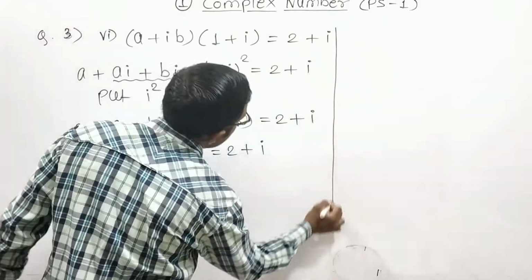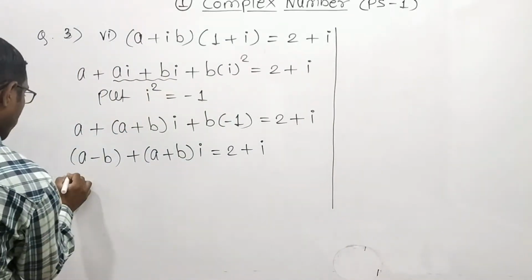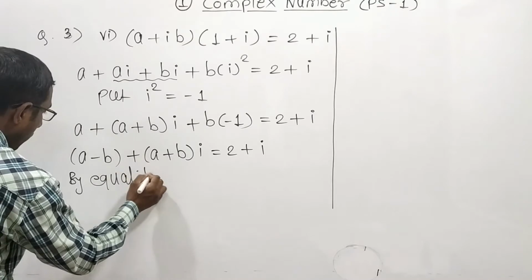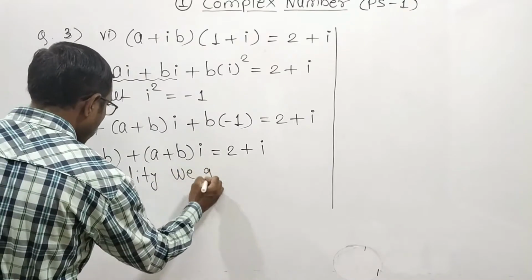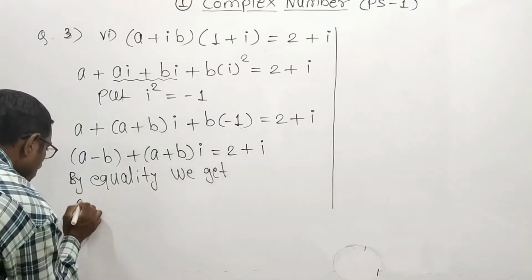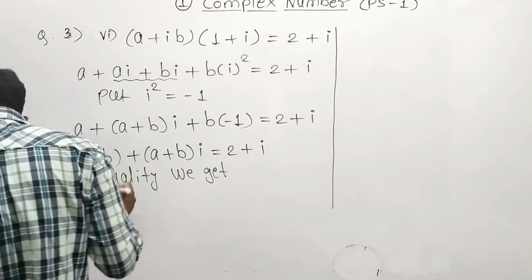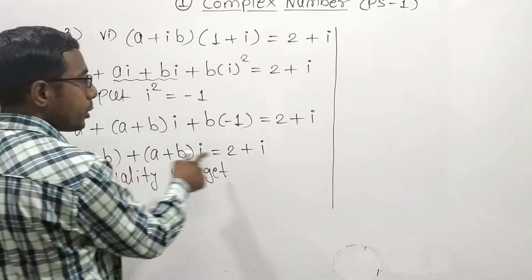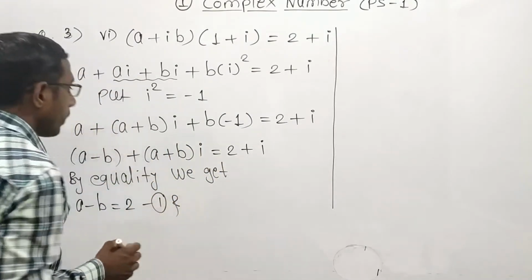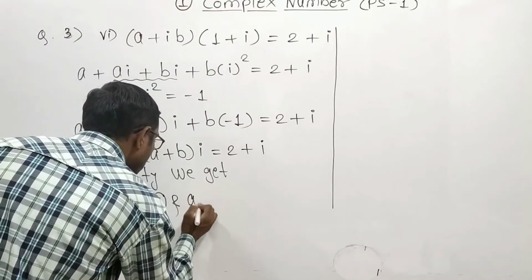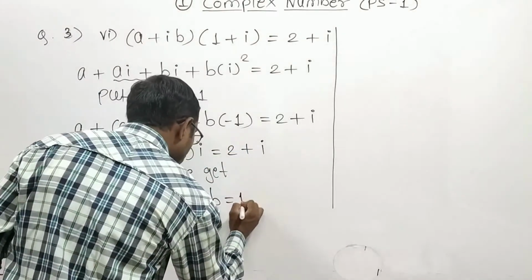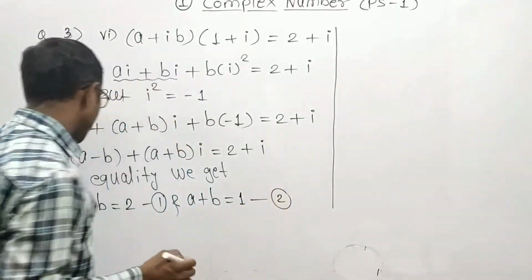Now, by equality of the two complex numbers, we get a minus b, real part on the left side, equal to the real part on the right side, which is 2. Equation number 1. Imaginary part on the left side is equal to the imaginary part on the right side, which is 1. Let it be equation number 2.